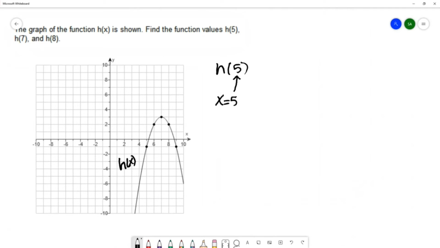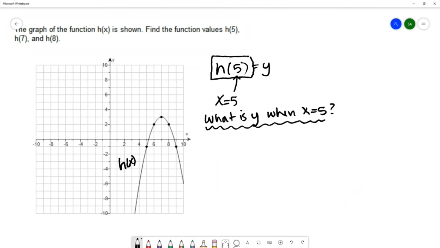And the notation h of 5 is another way of writing y. So as we look at these symbols, what we want to know is, what is y when x equals 5? This is the meaning that you should take away from those symbols. So we're going to use the graph to answer this question.